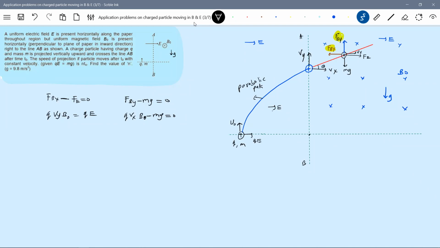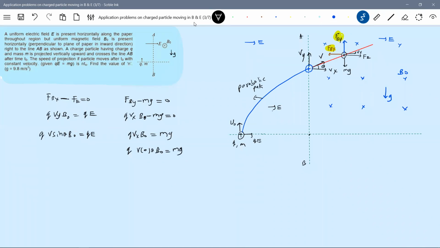We don't know. And when it comes here, it will have some velocity, say V. What is Vy? Vy equal to V sine theta. What is Vx? Vx equal to V cos theta.